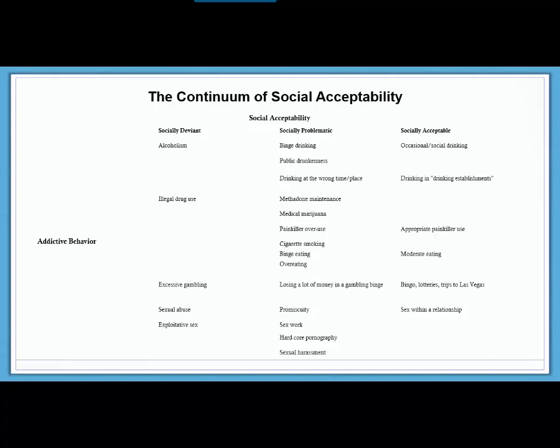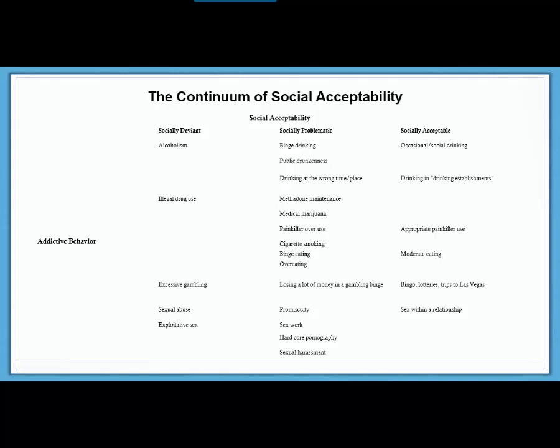We are a society that promotes social drinking, occasional social drinking, drinking in the correct context, drinking establishments. Appropriate painkiller use is not seen as problematic. Your grandma playing bingo, participating in the state lottery, an occasional trip to Vegas, no one points at those things as being deviant. It's just that at some point they can become problematic.